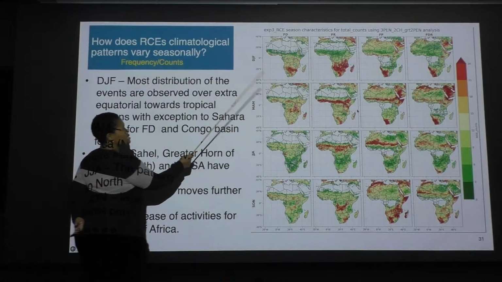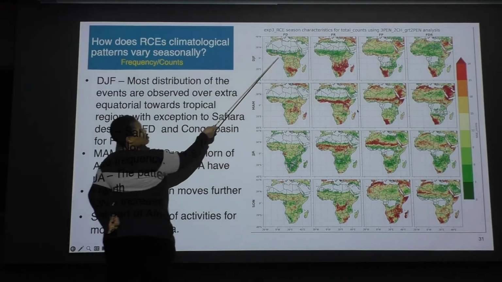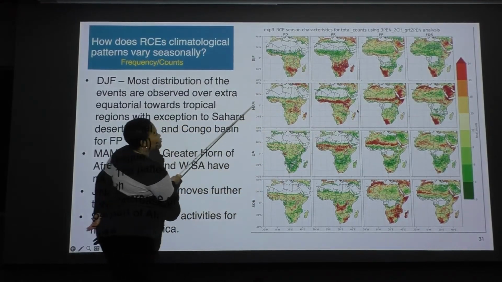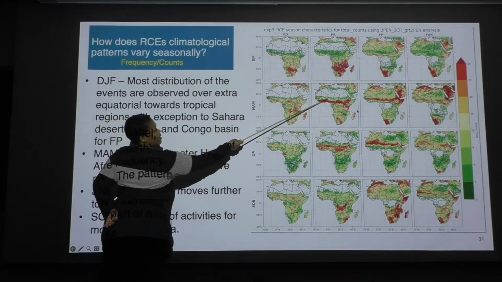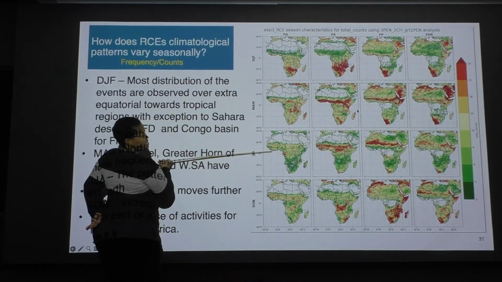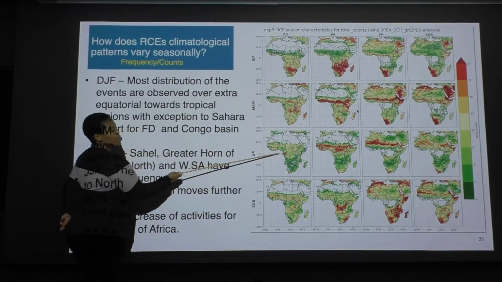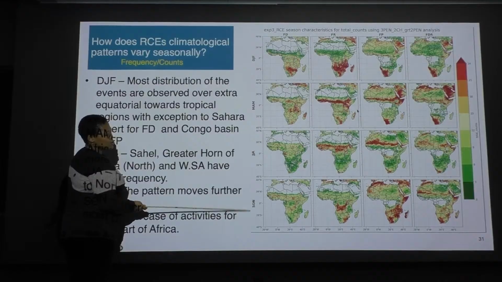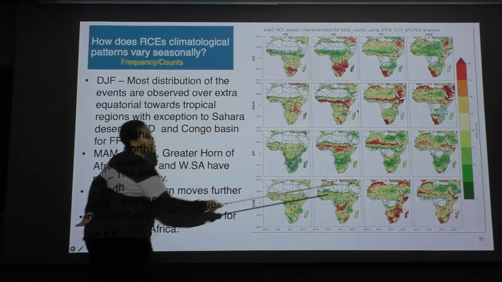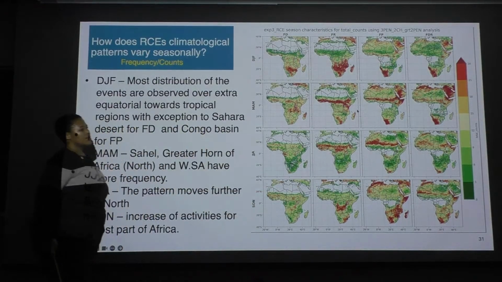From DJF, that is December, January, February, a lot of activity is in the southern part of Africa. In MAM, the activity starts to transfer toward the northern part of Africa. In JJA, the same activity of this count is transferred toward the north. When we go to September, October, November, the activity is more in the southern parts, but there is another activity over the Mediterranean point.